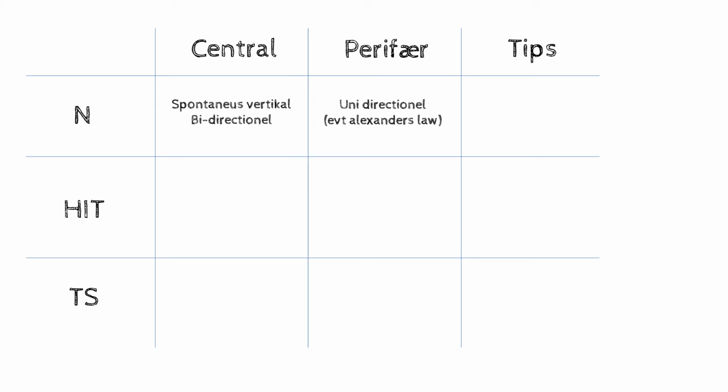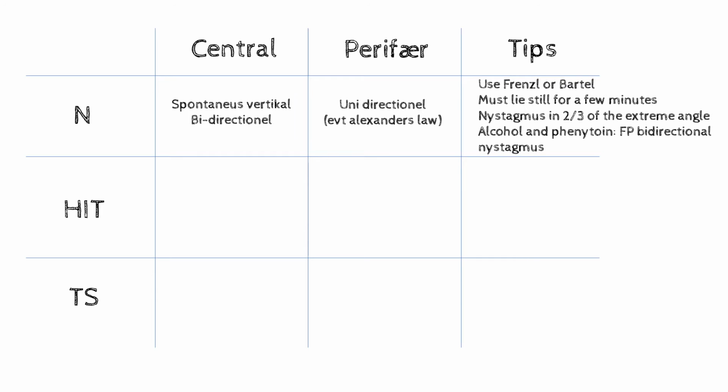But it's still a right-sided nystagmus, meaning that the fast phase goes to the right. The fast phase is just a bit slower when you look to the left than it is when you look to the right.